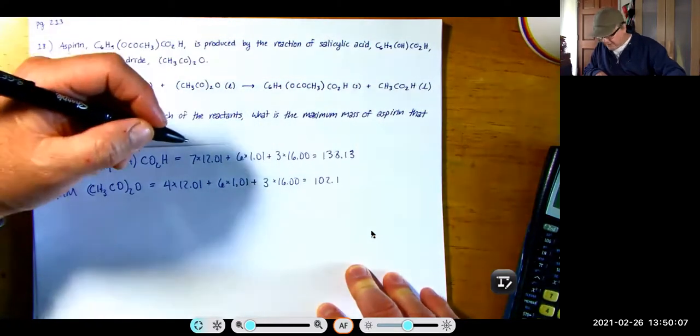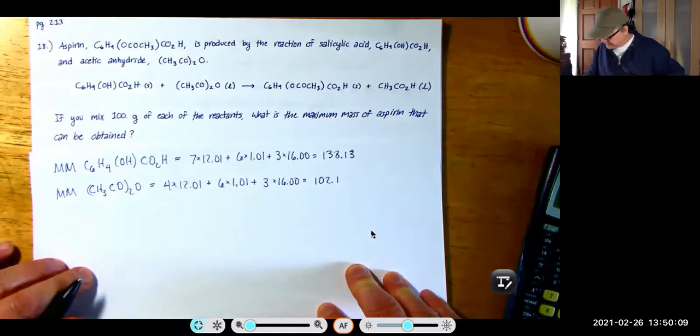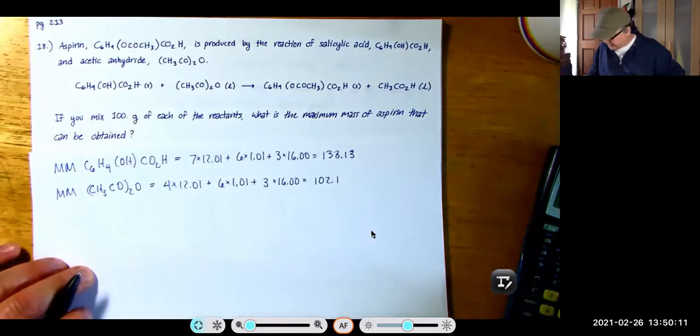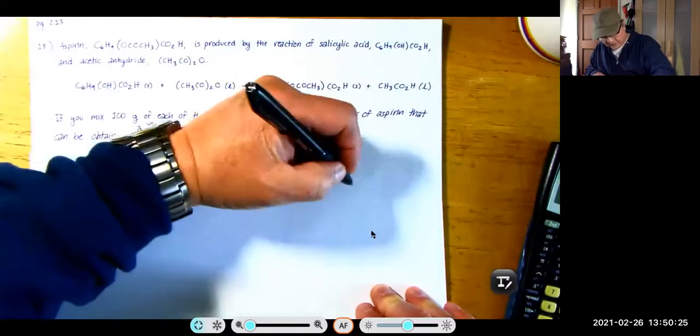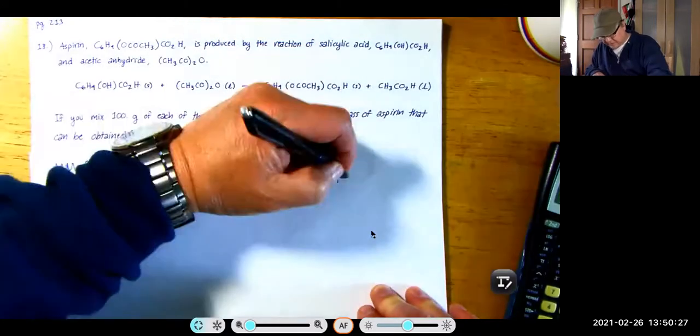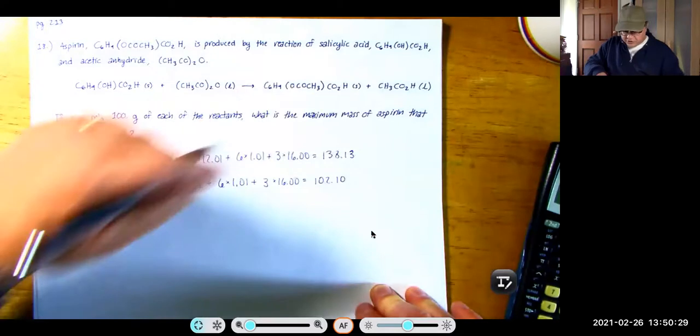And that's not right either. Let me try that again. Oh, 12.1, and it should be 12.10. All right, so those are the 2 molar masses.